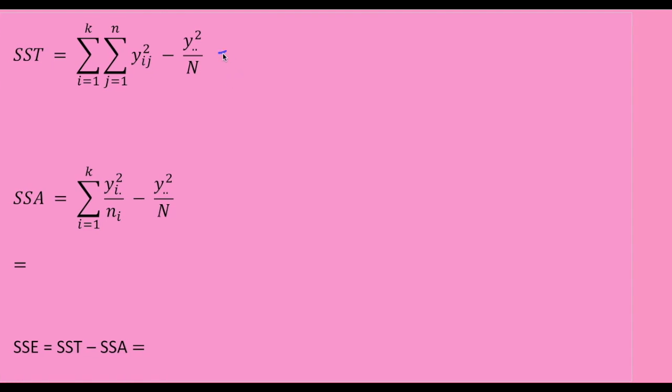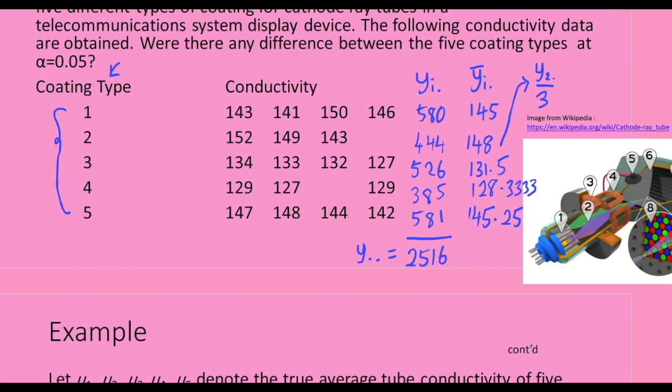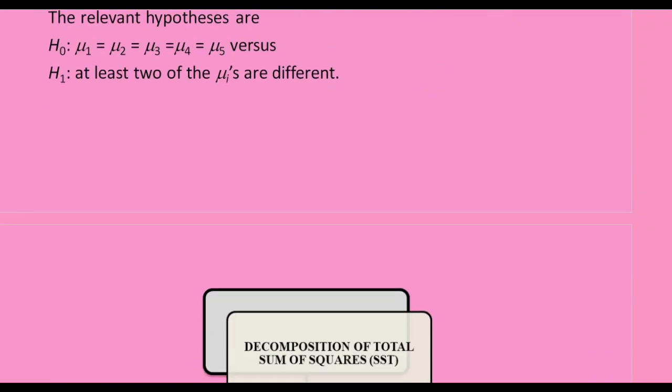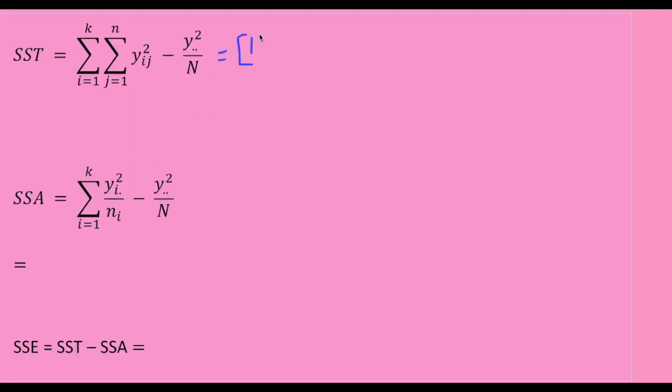So this would be the sum of squares of each of the data that we have. That would be 143 square plus 141 square up to 142 square, minus y dot dot, which we have as 2516 square divided by the capital N, which was 18 just now.